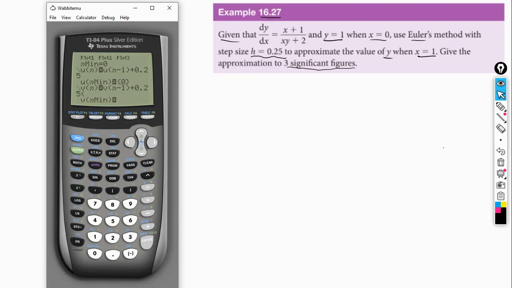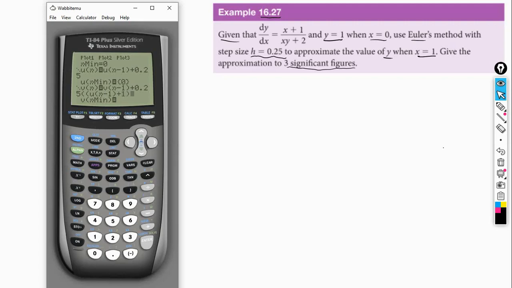So x plus 1 is the previous value for u. So we would write u, and I'm going to use a parenthesis here, u of n minus 1, that's the previous value of x, plus 1.